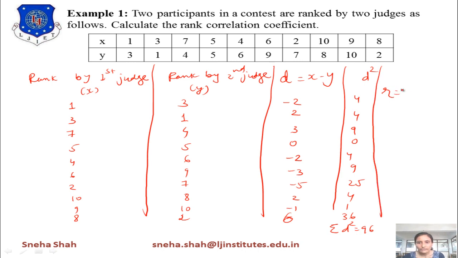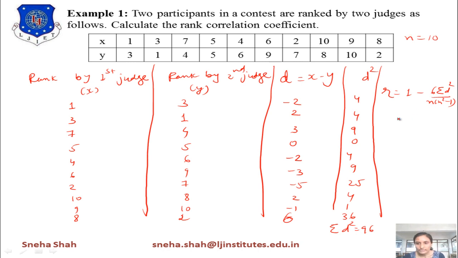The equation of r equals 1 minus 6 summation d square upon n into n square minus 1. Now, what is the value of n? Counting 1, 2, 3, 4, 5, 6, 7, 8, 9 and 10, the value of n equals 10.